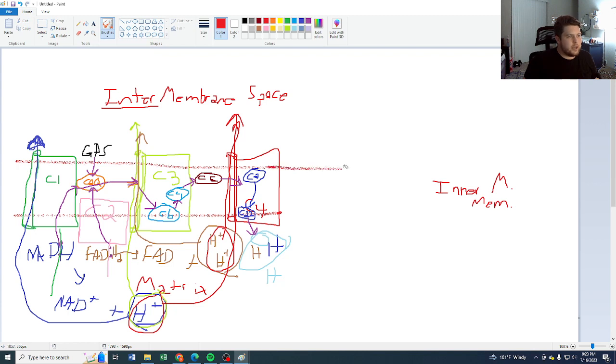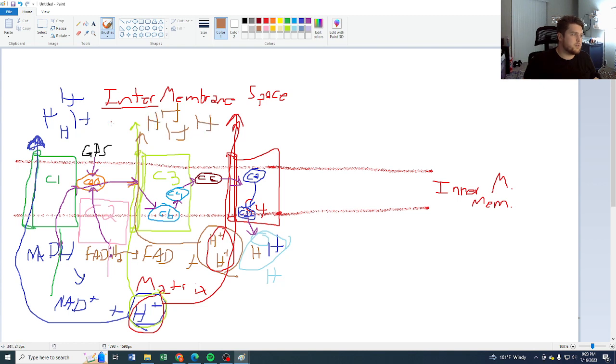So we still haven't made any ATP. That's coming. So this whole process, right, was to help us get all of these hydrogens, a whole bunch of hydrogen, all the way up in this space. So now we have a ton of hydrogens up here. We have a gradient.